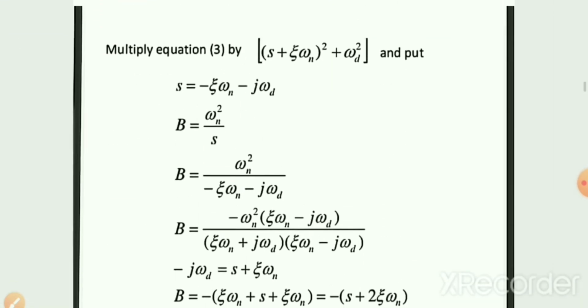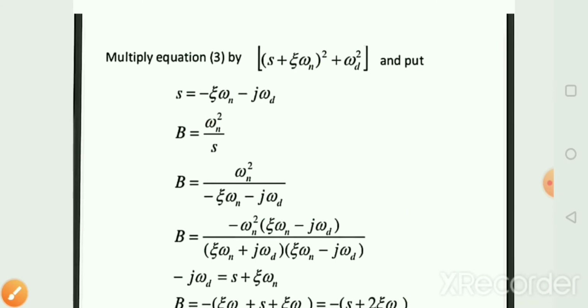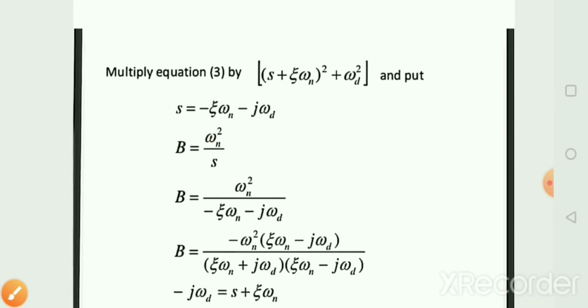Here we multiply this value by this and put s equal to −ζωn − jωd.